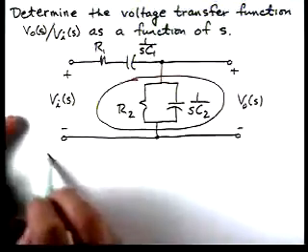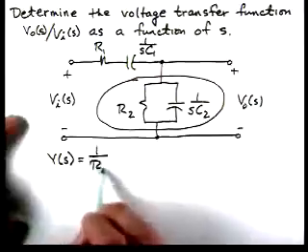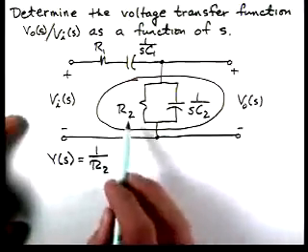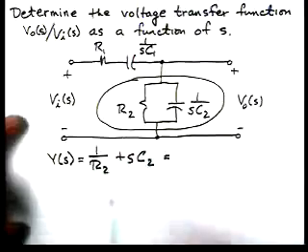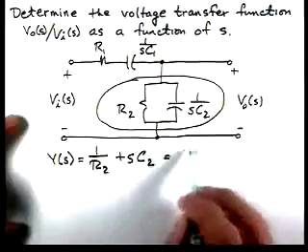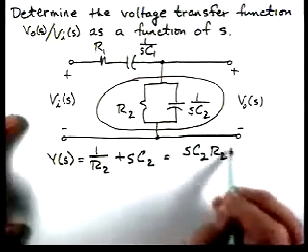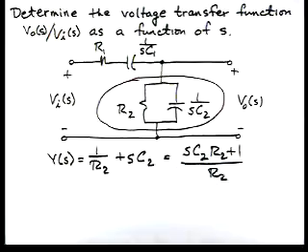Since they're in parallel, let's add admittances to get an equivalent admittance. So we have 1 over R2 plus sC2, and if we go over a common denominator, we have (sC2 R2 plus 1) over R2.